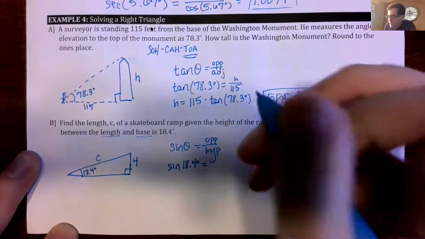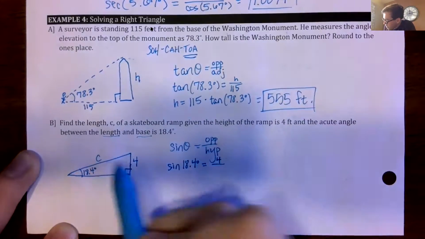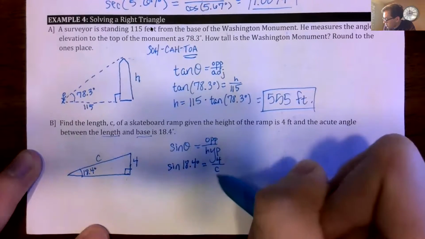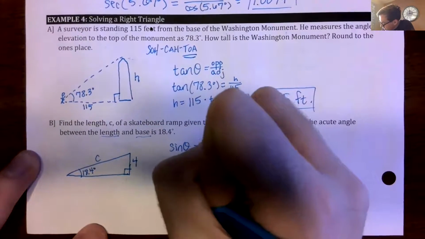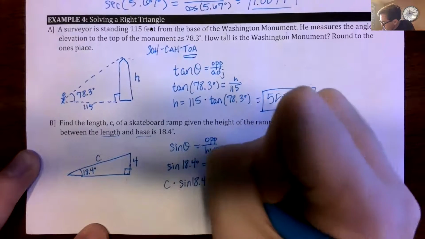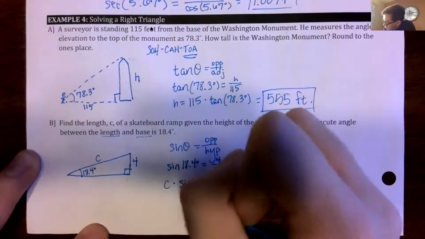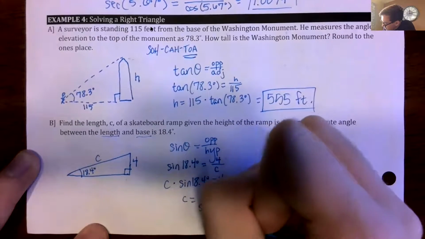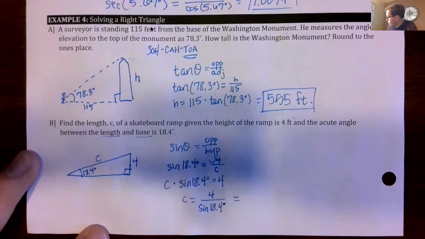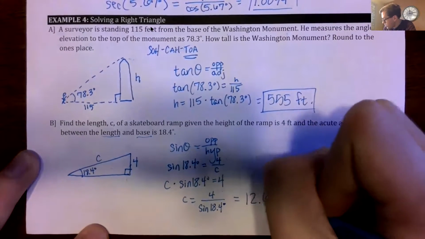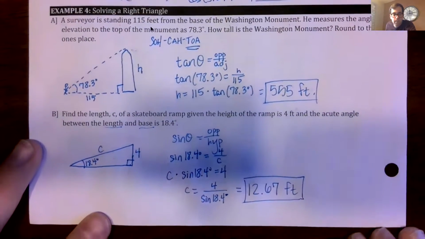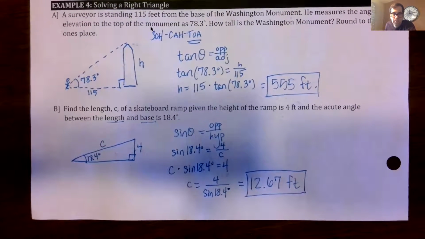The opposite side is 4 and the hypotenuse is C. So we're going to try to solve this for C. I would start by multiplying C to the other side because it's in the denominator right now, and then divide by the sine. So we have C equals 4 over the sine of 18.4 degrees. If I type that into my calculator, you're going to get approximately 12.67 feet. That's how long the hypotenuse of the ramp is.